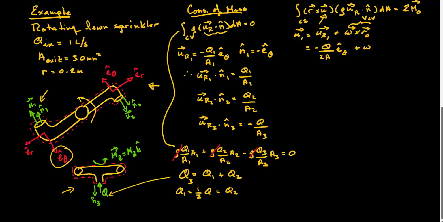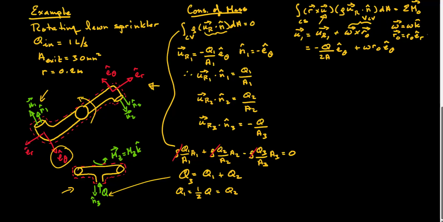And plus omega R naught E theta. And this comes from the fact that omega is in the positive k direction, and R naught is just equal to R naught in the R direction.